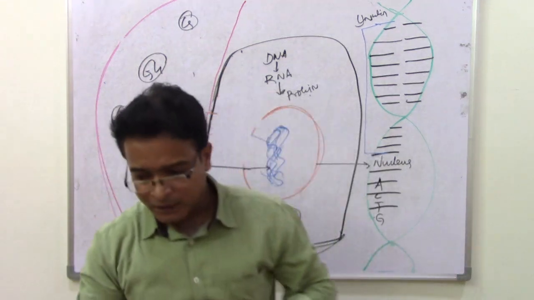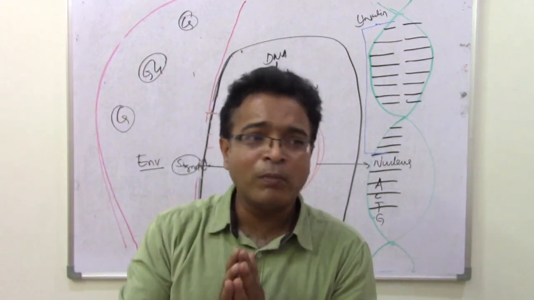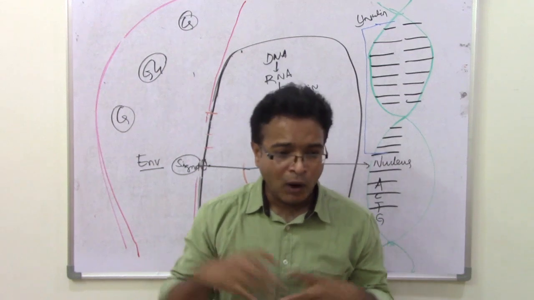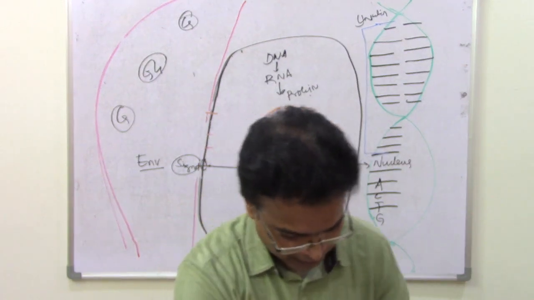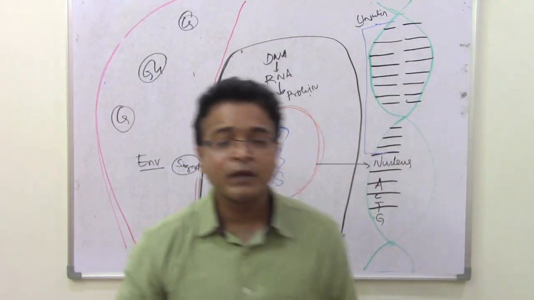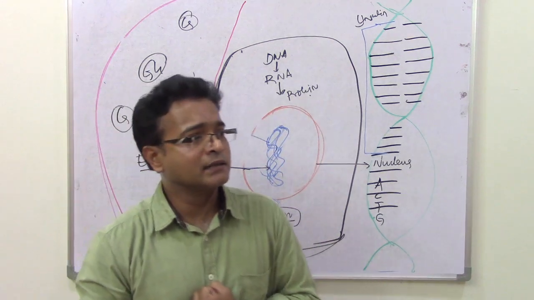Now, if the job of a gene is to produce protein, how are genes able to control the traits of an individual? We need to understand this.